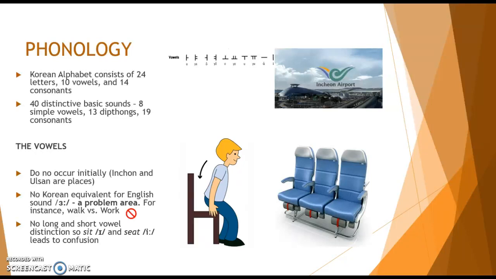There is no Korean equivalent for the English sound "a", which can be a problem area, especially in English words like walk versus work. In the Korean language, there is no long and short vowel, so the distinction can lead to confusion. For instance, sit and seat may sound the same.